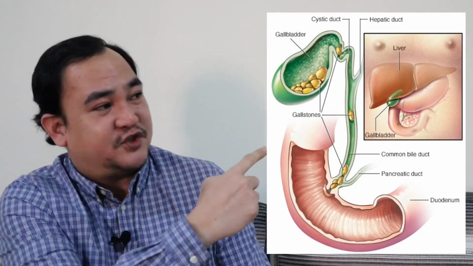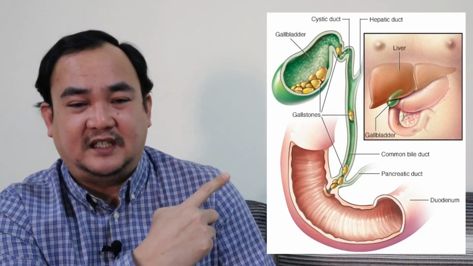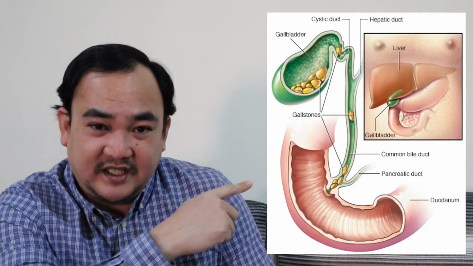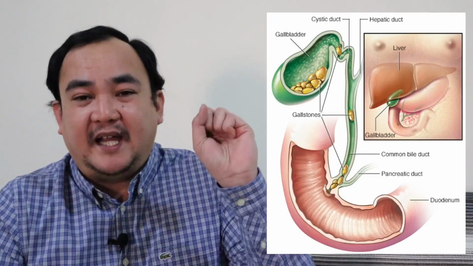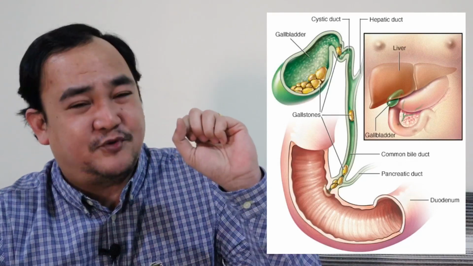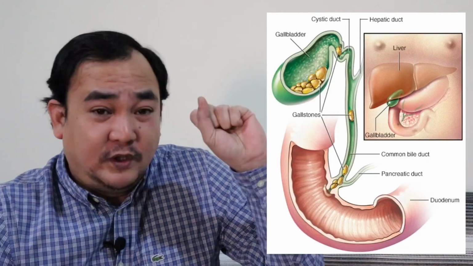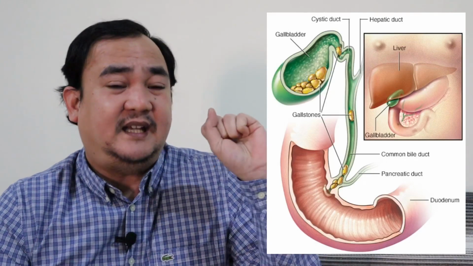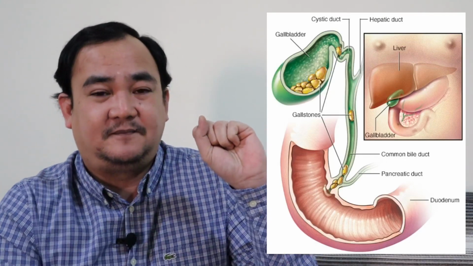After it passes the stomach, as you can see here in our illustration, it goes to the intestines. The gallbladder will continuously contract and secrete bile.